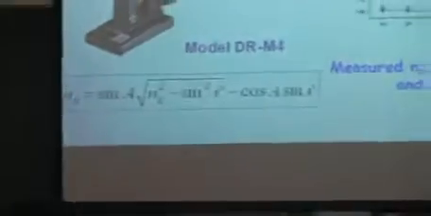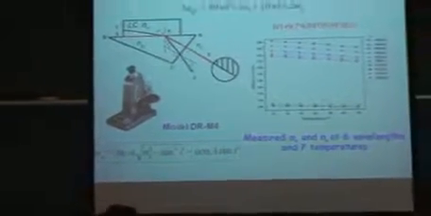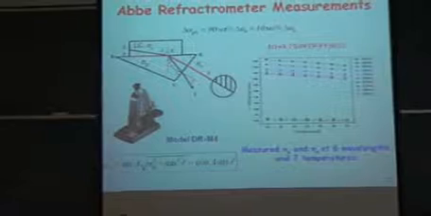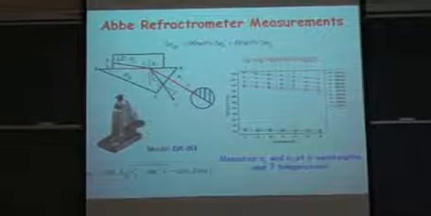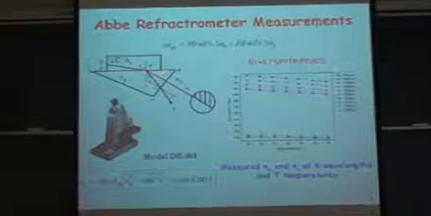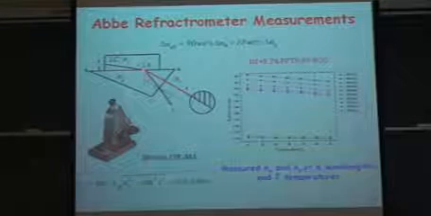To measure the birefringence more accurately, we find there's always inconsistency when using the electro-optical method. So to measure the birefringence, we use the refractometer. This shows the principle. So this is the prism. This is the crystal material.